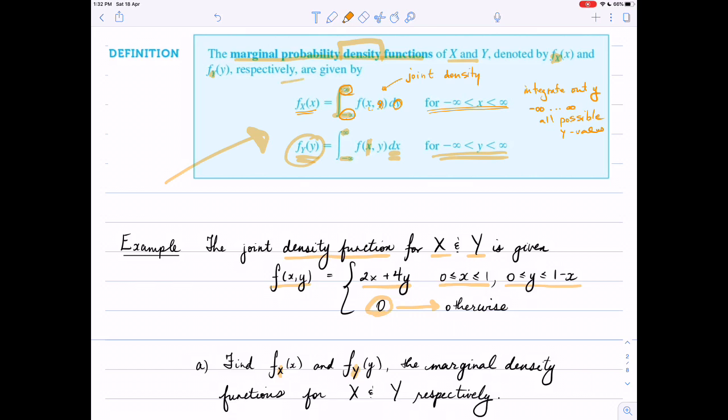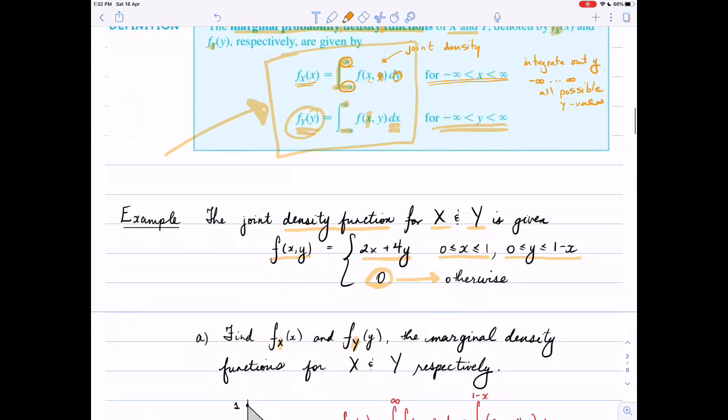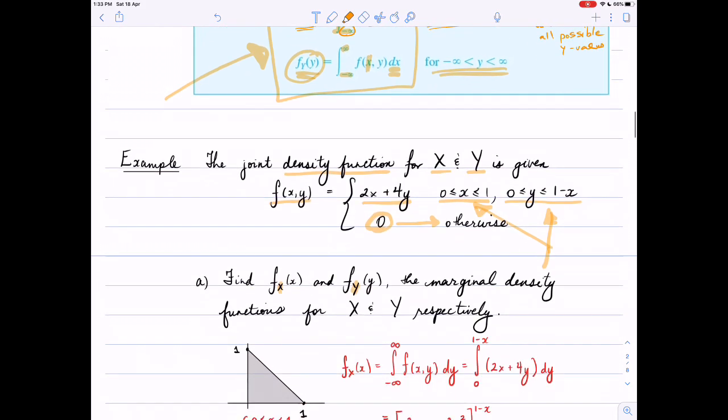So we are going to apply these definitions. The first thing we need to do is figure out what this support looks like, because we are going to need to integrate over it. So let's draw that.